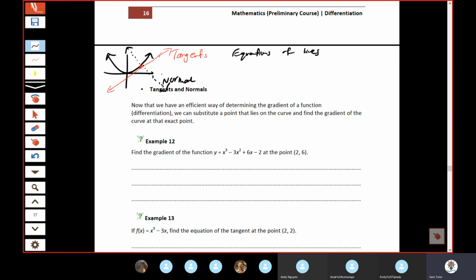They're both lines. In other words, tangents are touching the curve once at one point only, no matter where it is. Like it could be up here, it could be here, it could be here, anywhere on this curve. And your normals are perpendicular to your tangents, passing through the same point. All right, any questions from me at this stage?